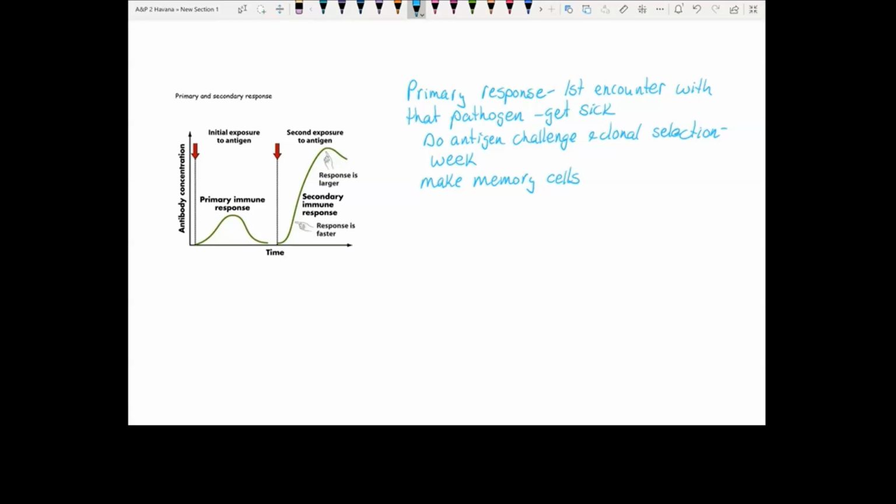So then a secondary response is when you have an encounter with that same pathogen again.